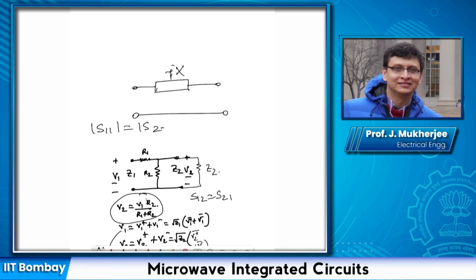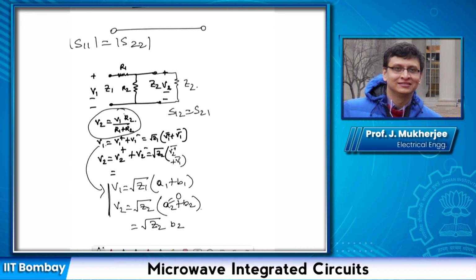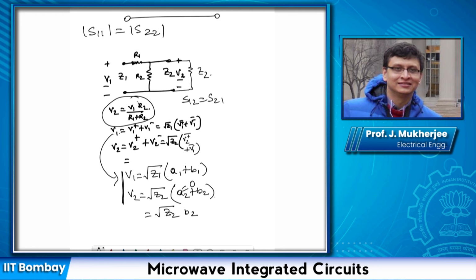We could do that because it was a lossless network. But in this case, since this is a lossy network, we cannot use those relations, and we have to find out the S parameters, that is S11, S22 and S12, from first principles.